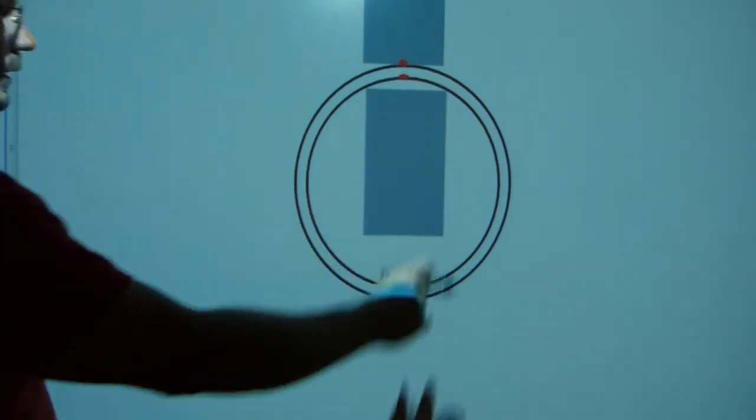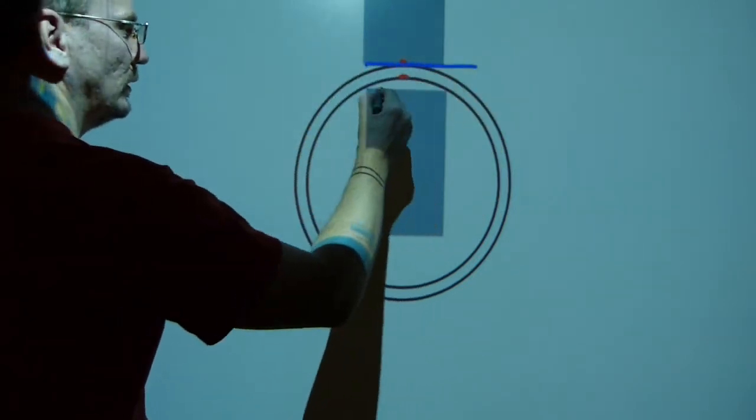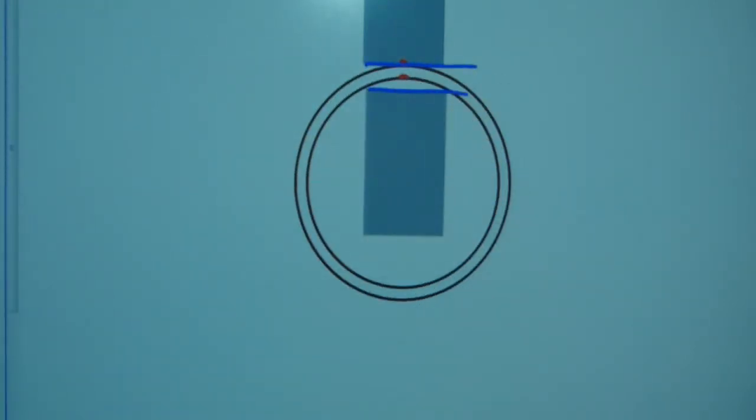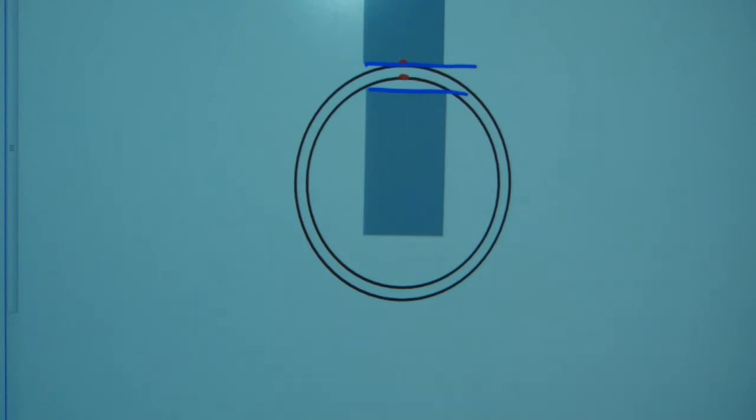Instead of measuring between the two red dots there, you will be measuring from blue surface to blue surface. So that's what the problem is with using a caliper to measure the wall thickness of a pipe, and it's especially bad when the pipe is small, such as this.